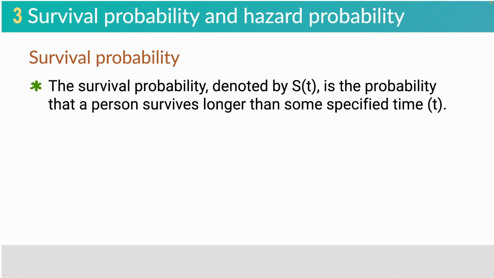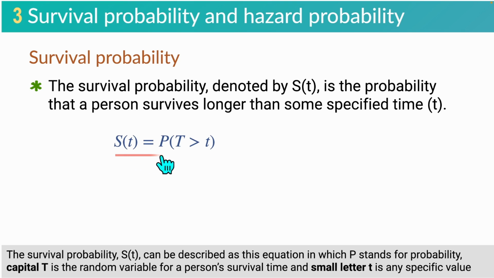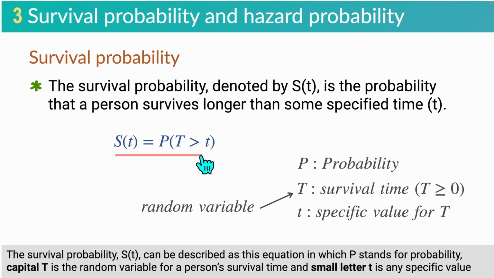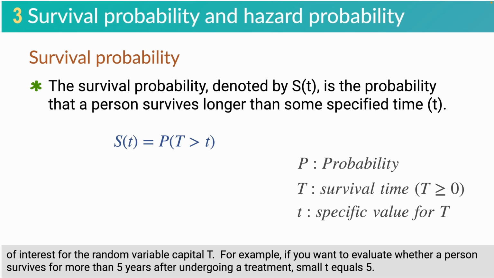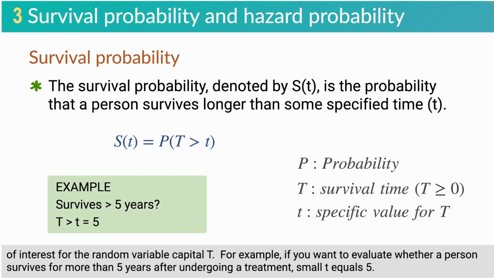The survival probability S(t) can be described by this equation, in which P stands for probability, capital T is the random variable for a person's survival time, and small letter t is any specific value of interest for the random variable capital T. For example, if you want to evaluate whether a person survived longer than 5 years after undergoing a treatment, small t equals 5.